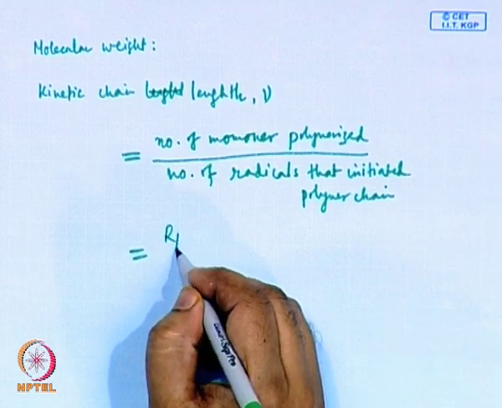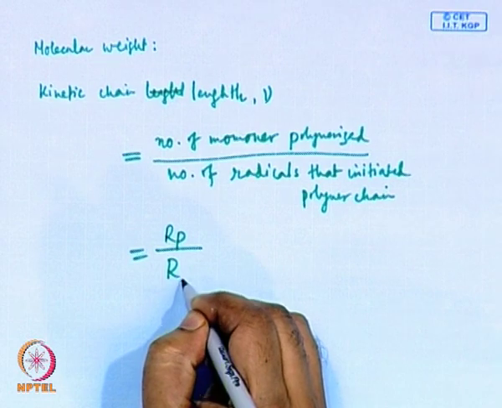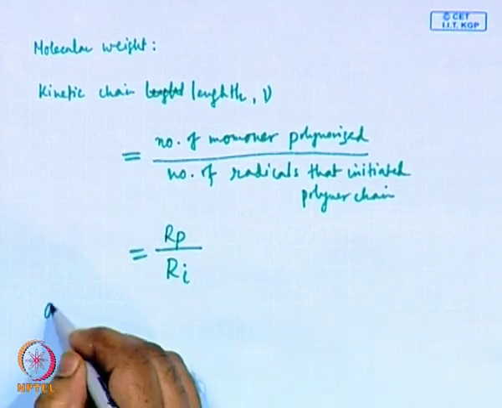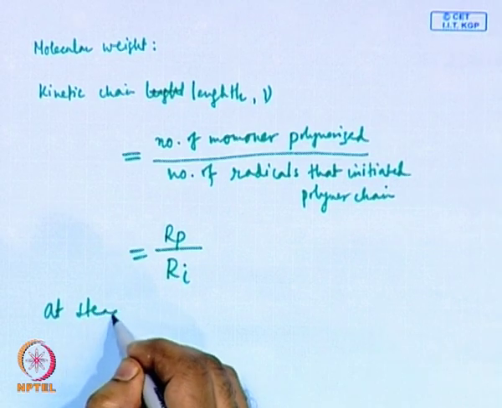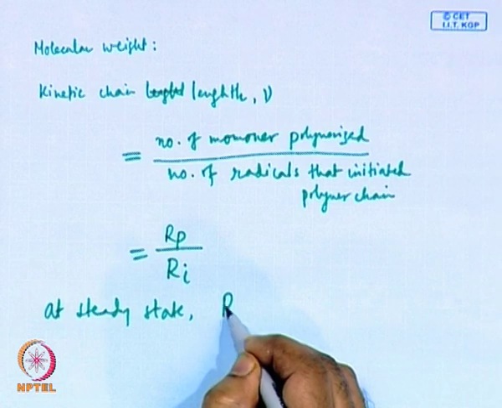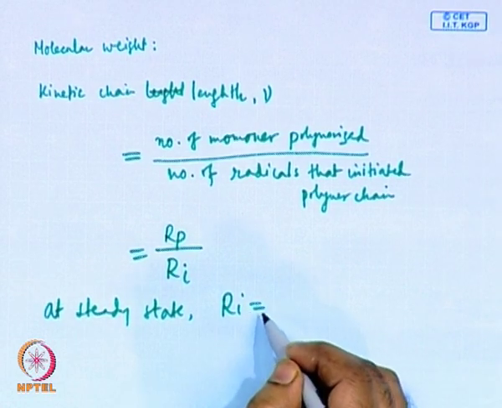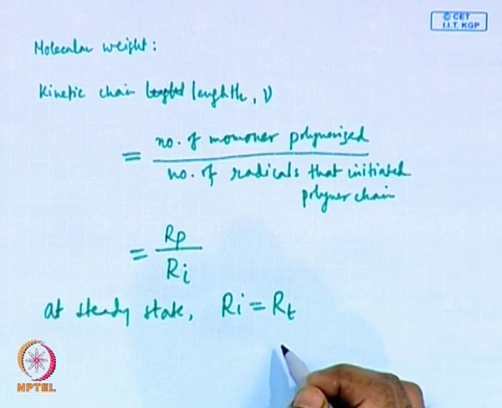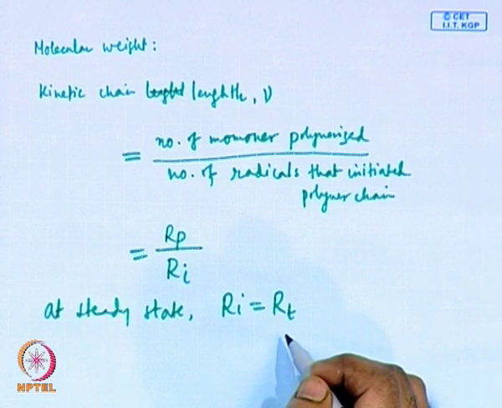So we can write rate of polymerization divided by rate of initiation. Now, at steady state, we know by this time that Ri is equal to the rate of termination.